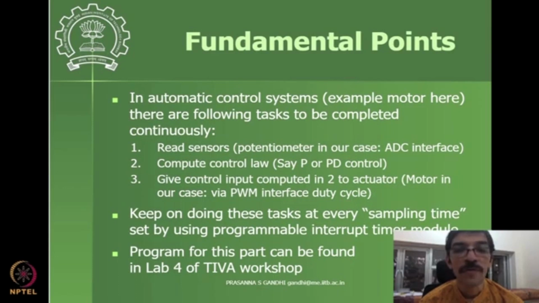Now, every time a pulse comes on this pin, the microcontroller has to execute the interrupt service routine. And these three operations I have mentioned will typically be written in the interrupt service routine, so they will be executed every sampling time.